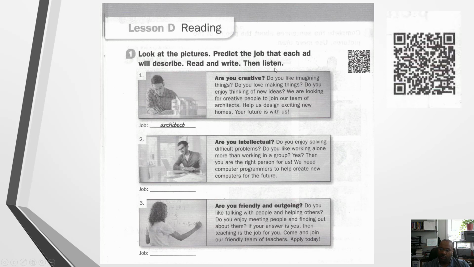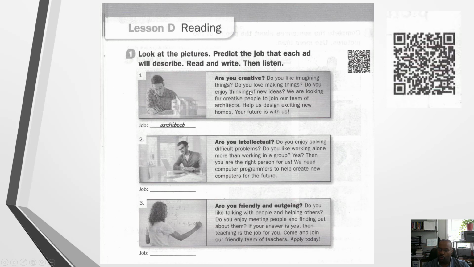Okay? So, we have here 3 ads, and it looks like these ads are for jobs. 3 different jobs. The first job is done for us. It says architect. Let's read what the ad says. Are you creative? Do you like imagining things? Do you love making things?